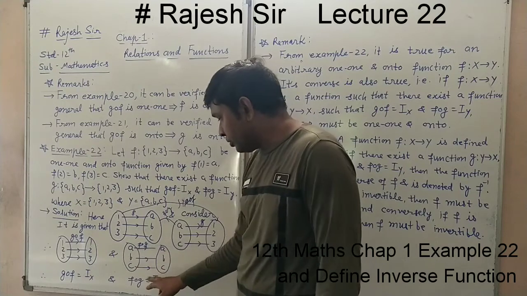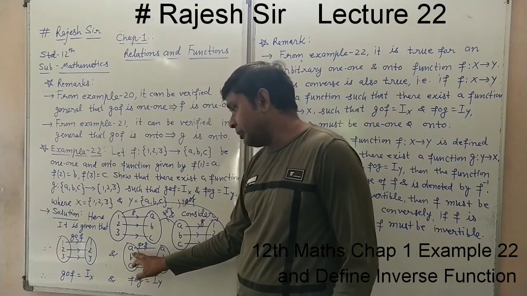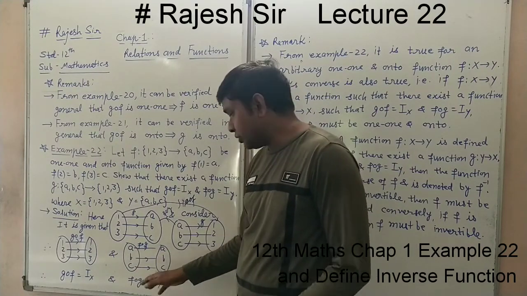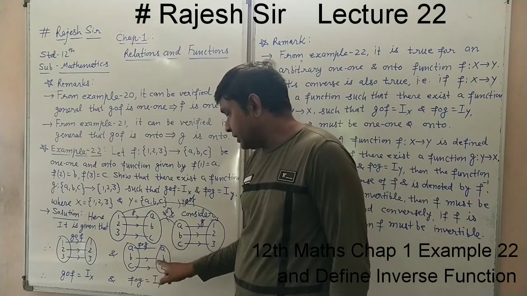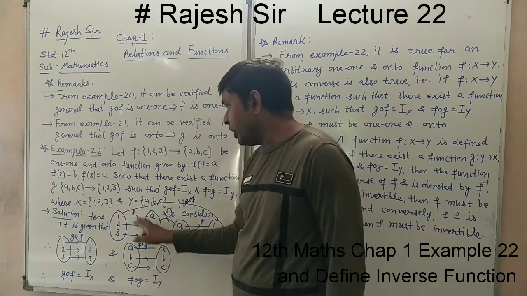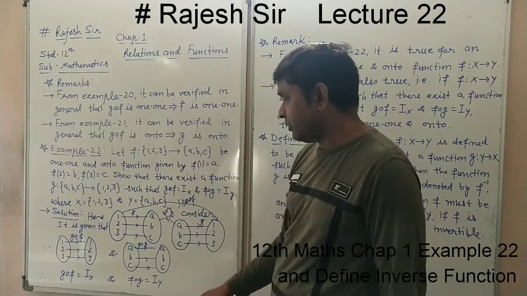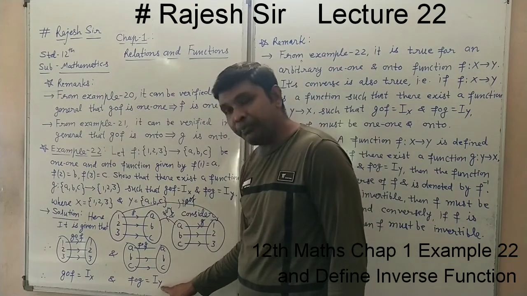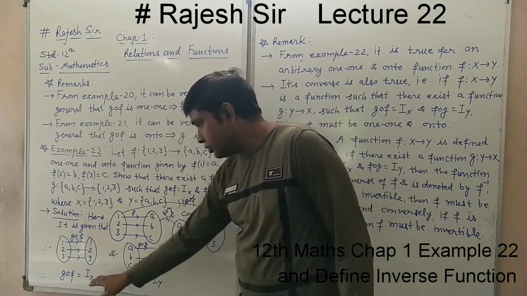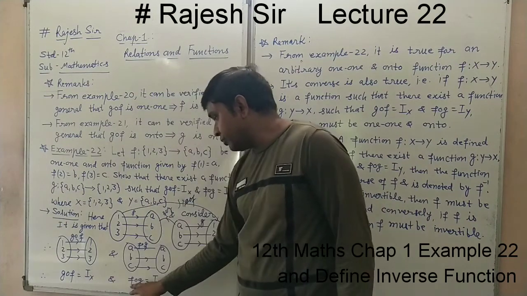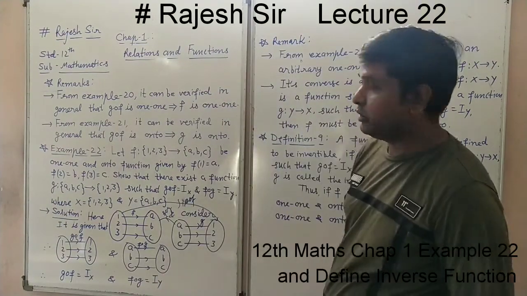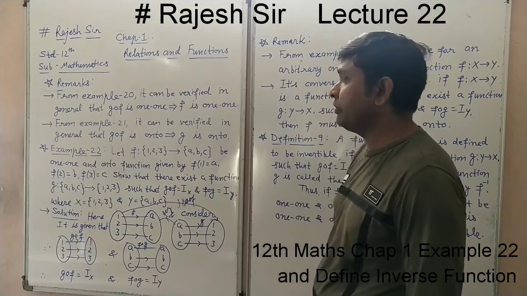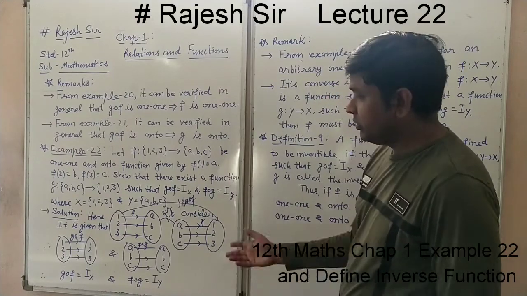Similarly, FOG is also an identity function. The elements and the images are the same. These elements are in y, because y equals {a, b, c} in the question, so we have written Iy. So GOF equals Ix and FOG equals Iy. This way we got what we were asked in the question. Very simple it is.